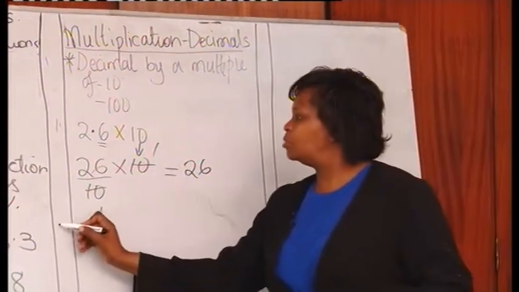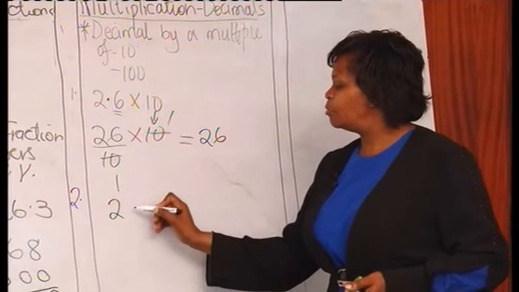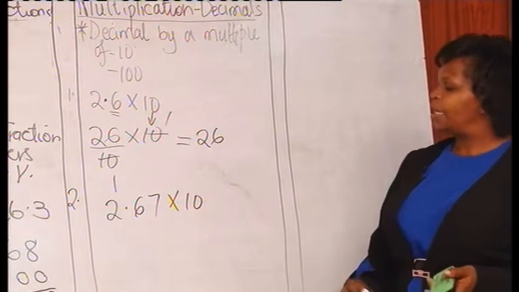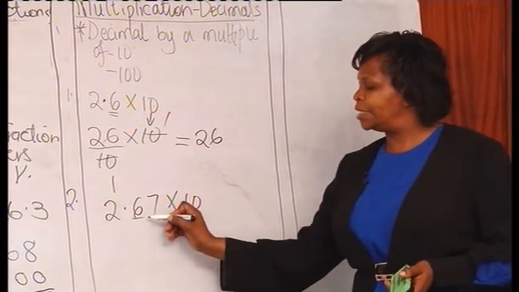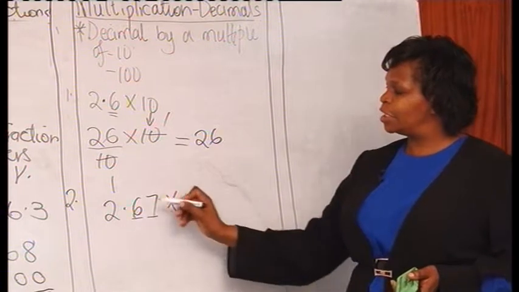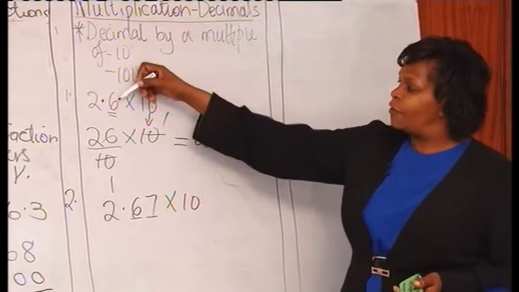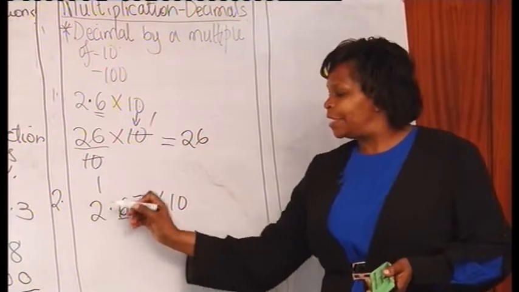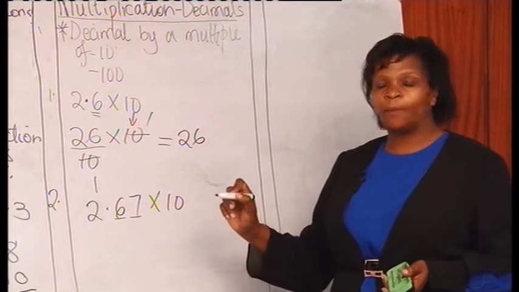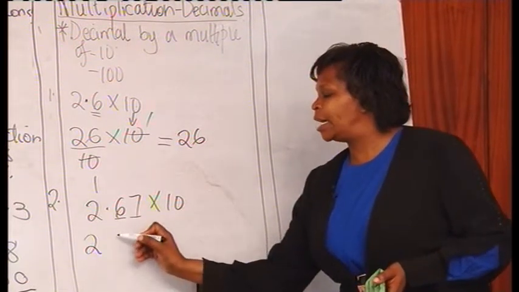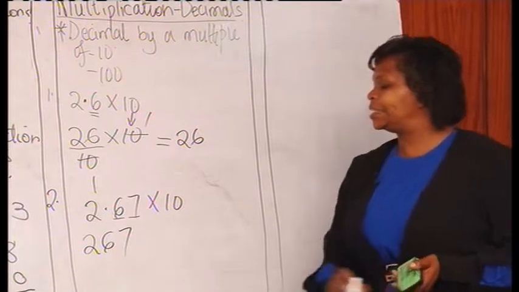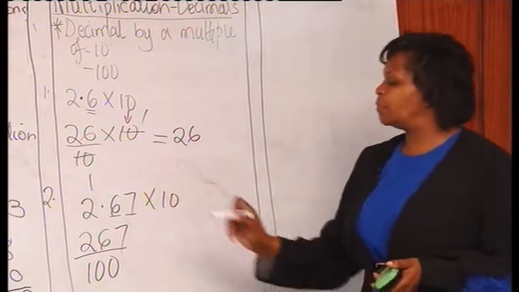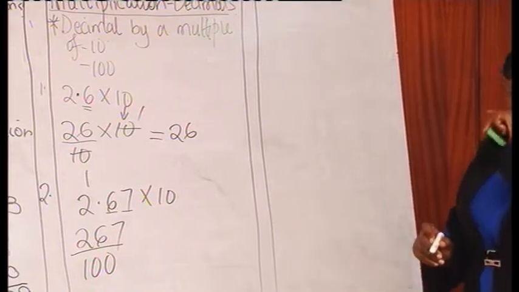Now, I can also do another one, which will be 2.67. And then I multiply with the same 10. This tells us that the number here has 2 decimal places. The first example had only 1. So since it has 2 decimal places, then 267 after making it as a whole number will be over 100 because 2 decimal places are represented by 100.